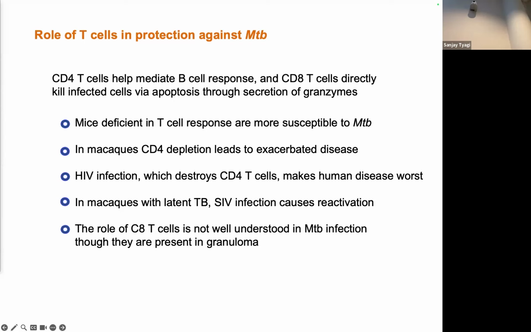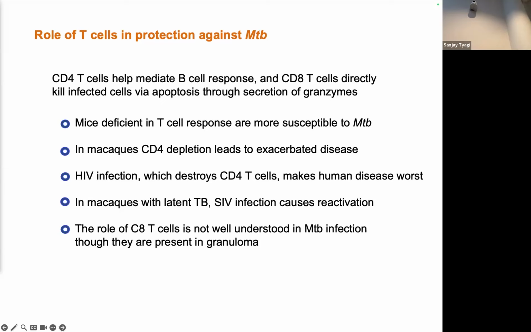Also in macaques, CD4 depletion leads to very bad disease, and HIV infection in macaques and humans makes TB very exacerbated.